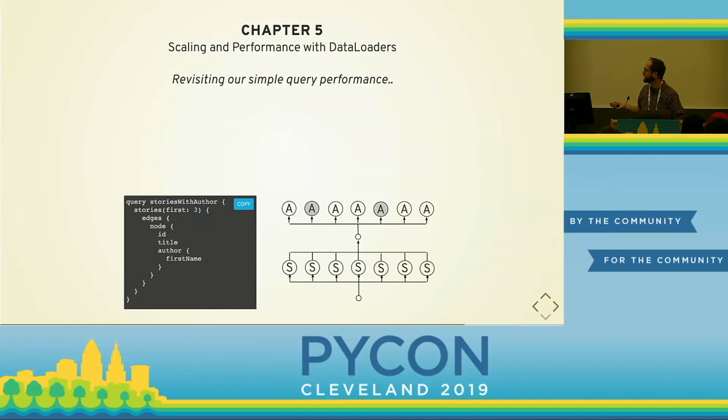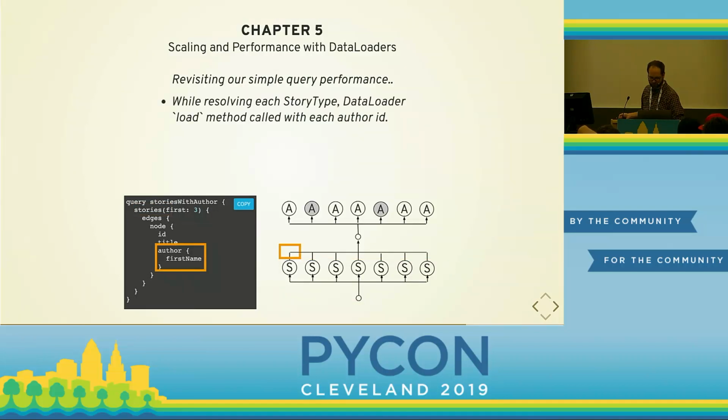So we take a look at our simple query performance example again. We again have one hit against our database for all the stories. Then we'll call the load method for each of the author IDs: the first author, second, third, fourth, fifth, and sixth. We haven't hit the database yet for those authors.